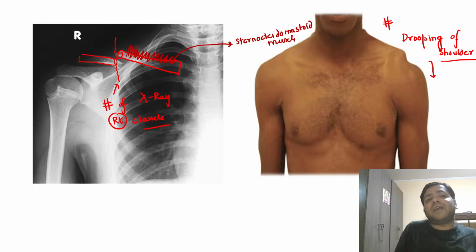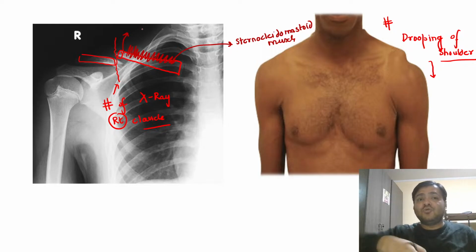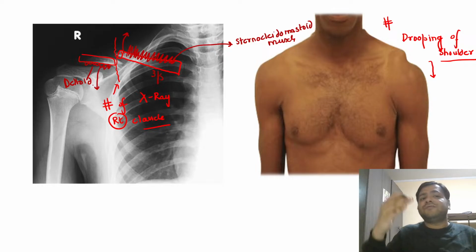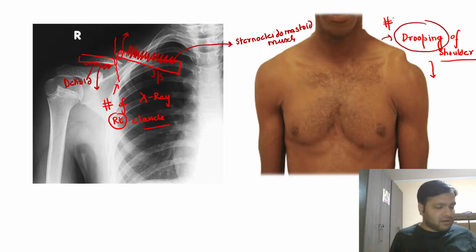Now, as soon as the fracture happens, due to the pull of the sternocleidomastoid, this medial 3/5 part goes up, and on the anterior border, you already know we have the deltoid muscle. Due to the pull of the deltoid muscle, this lateral 2/5 comes down, and in turn results in the drooping of the shoulder.